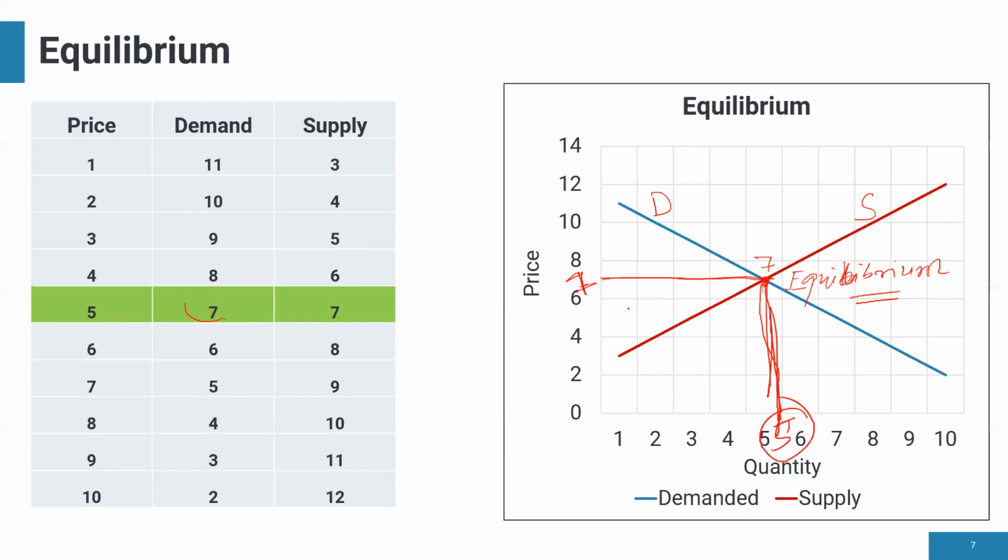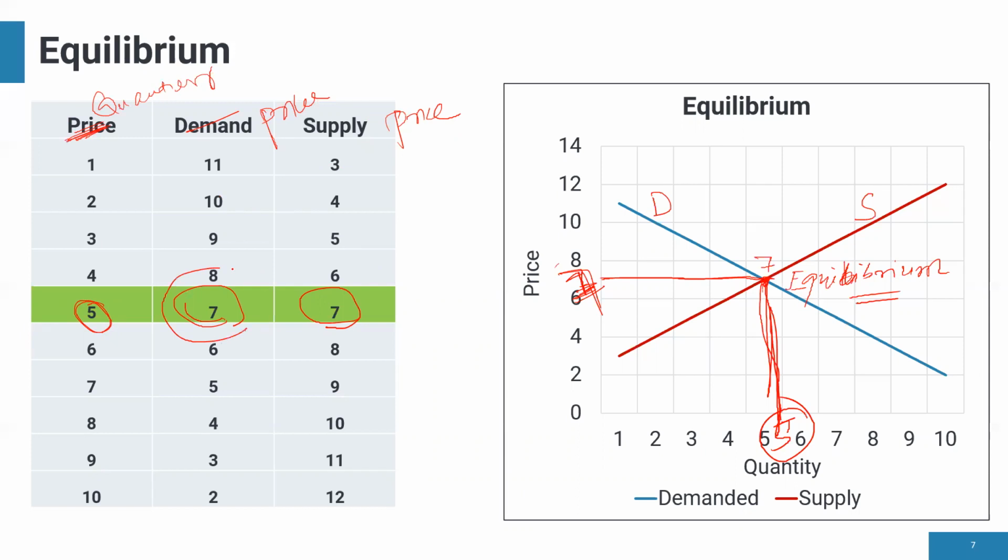So this is 5 and the price is 7. I think we made a blunder. This is the supply and demand. This is the demand price. This is the supply price. Okay, sorry, we have demand price and supply price.